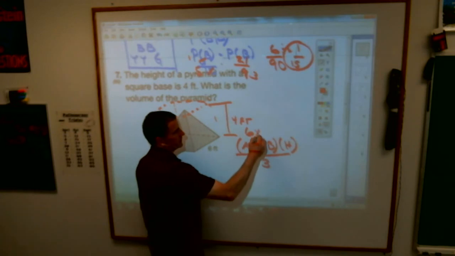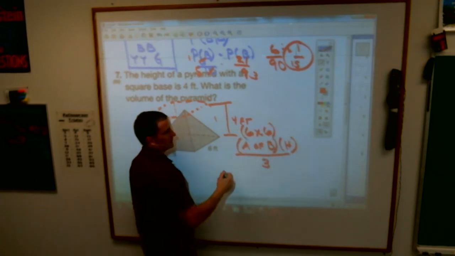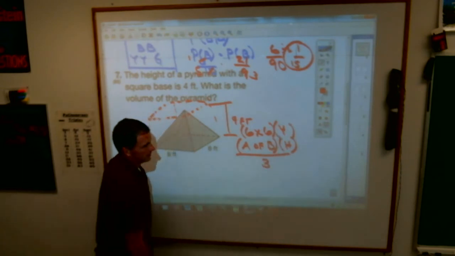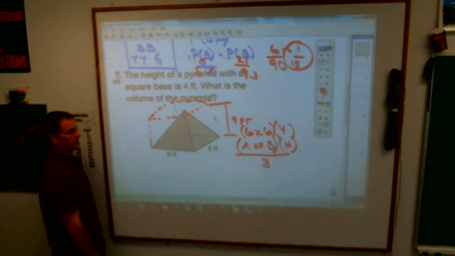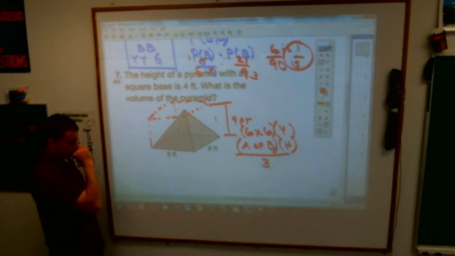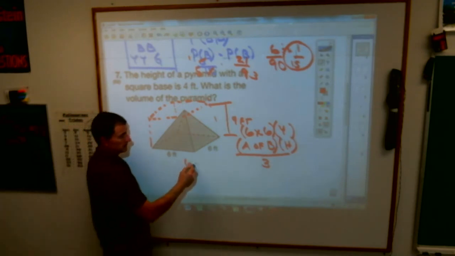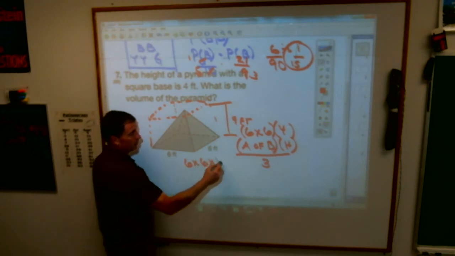It is 6 times 6. What's the height? It already told us that. It is 4. So there's all your math work. 6 times 6. By the way, you could save yourself some trouble in doing this. 6 times 6 times 4, all over 3.